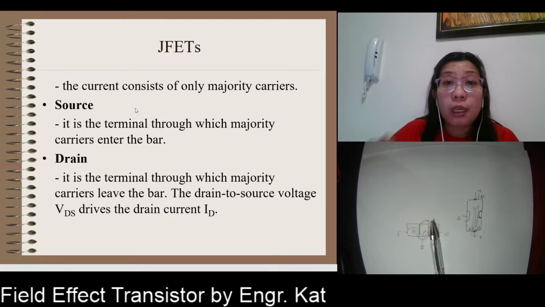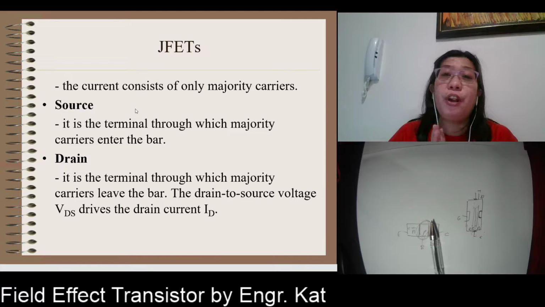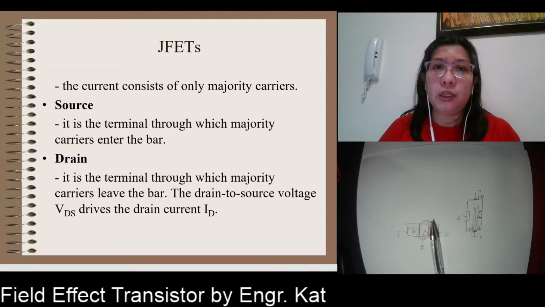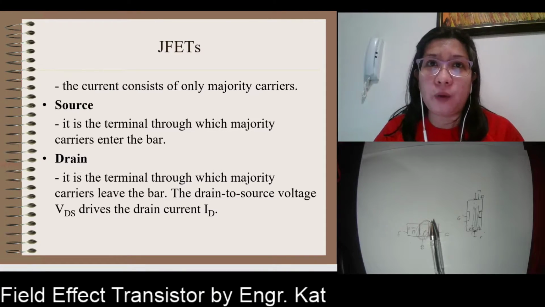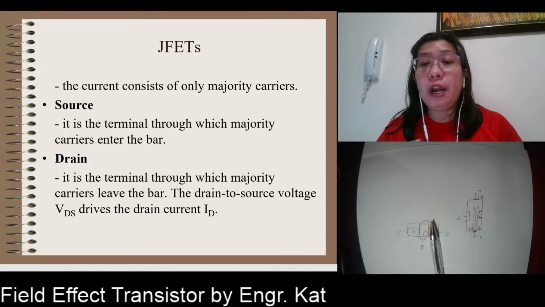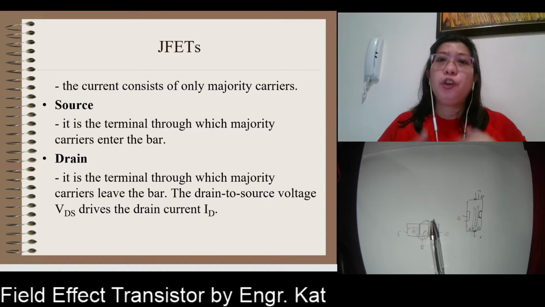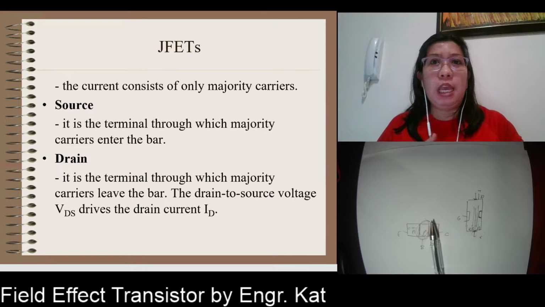So the current consists of only majority carriers. For N channel, it consists just of electrons. For P channel, it is made up of just holes. Unlike BJTs, where we have majority carriers and minority carriers.